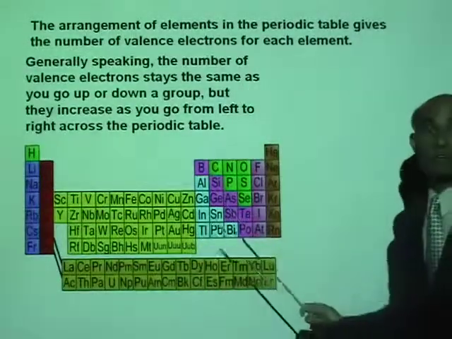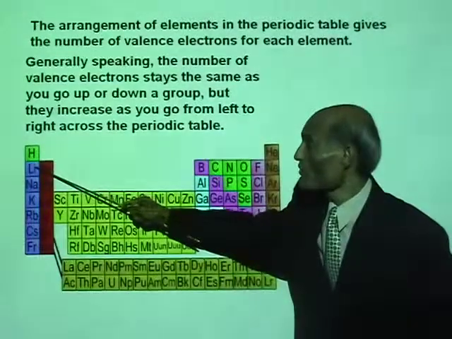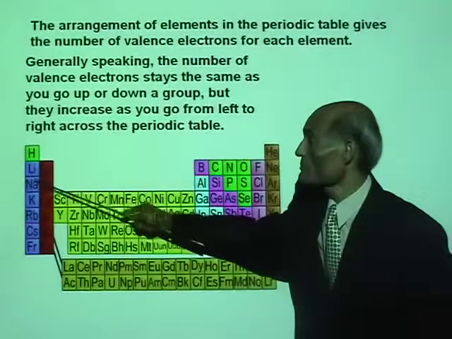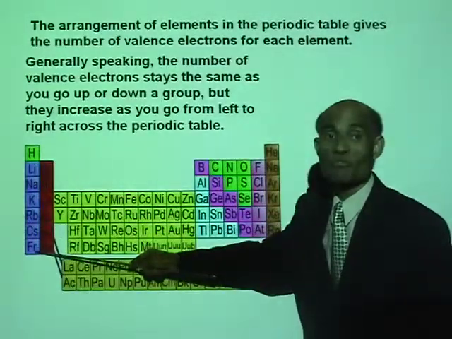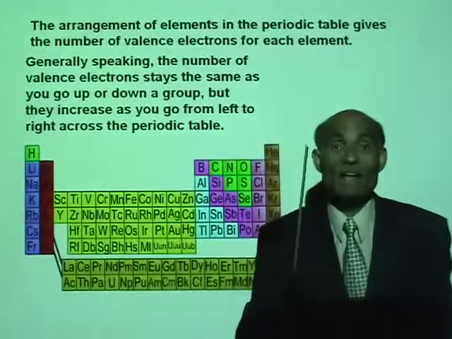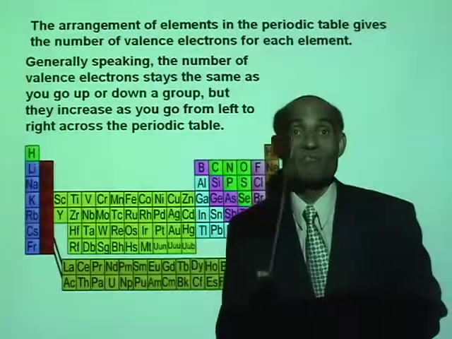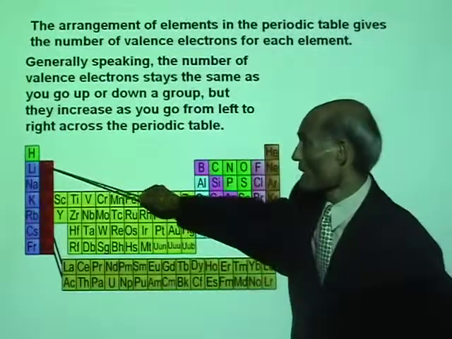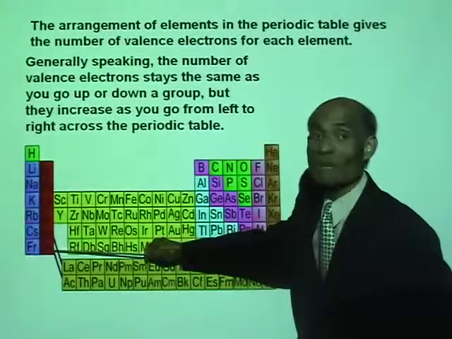Alright, let's look at the periodic table one more time. All the elements in the first group, lithium, sodium, potassium, rubidium, cesium, francium, they all have one electron in the outer shell. They all have just one valence electron. Beryllium, magnesium, calcium, strontium, barium, radium.